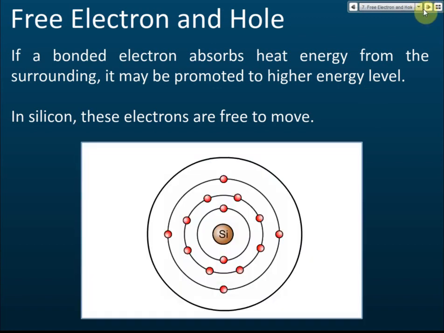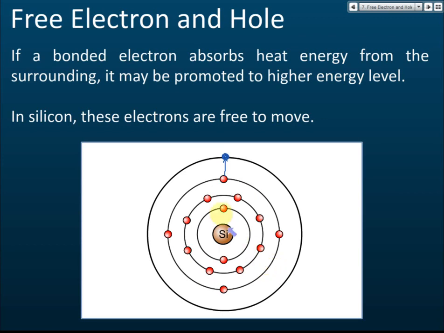So for silicon, we have 4 electrons, and these 4 electrons are not free to move. But if you give energy to silicon, these electrons will jump to another shell. That is because the attraction force between the valence electrons and the nucleus or the core is not very strong. It's stronger than in a conductor, but it's not very, very strong.